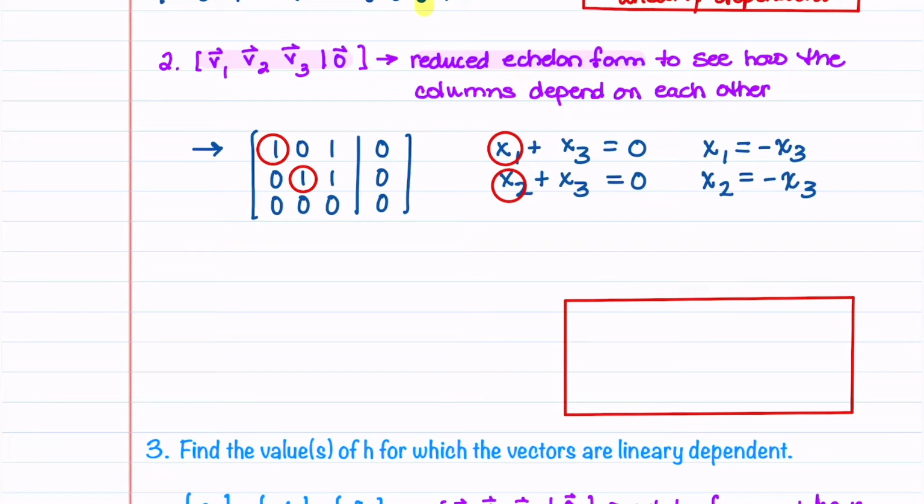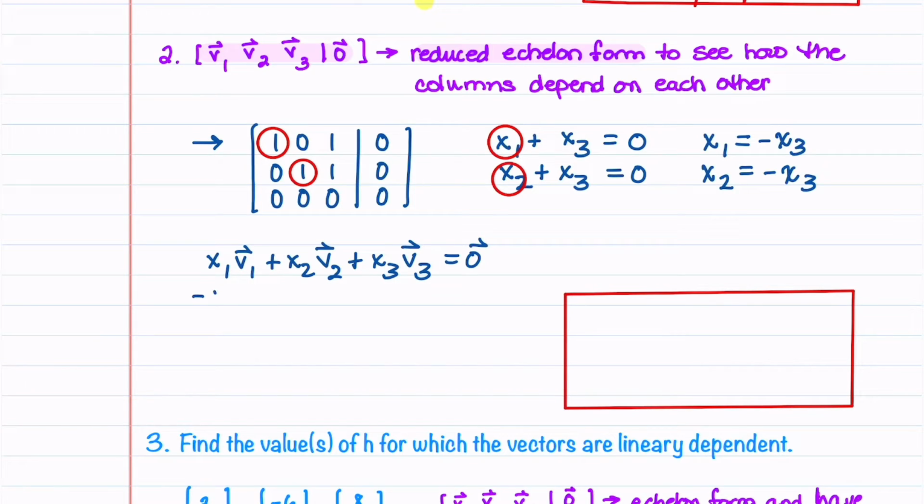To see the dependence relationship, let's write down our equation x1 v1 plus x2 v2 plus x3 v3 is equal to 0, and plug back in the values that we just got for x1 and x2.